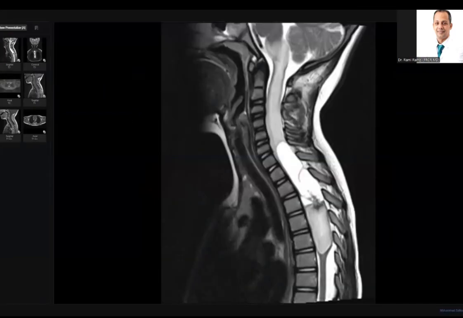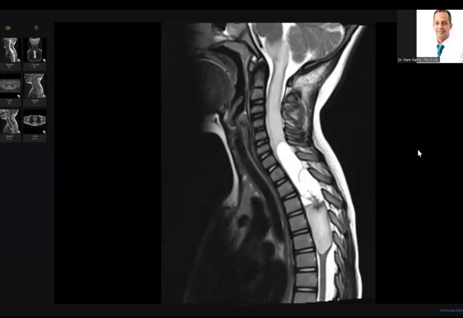Doctor, this is a 6-year-old female patient presented with 1 month history of spastic gait, no sensory loss or abnormality. Okay, requested remote control. Go on.